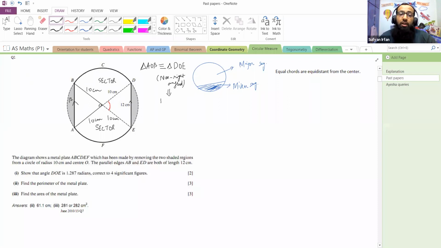Because this non-right angle triangle is an isosceles triangle. And the special property of an isosceles triangle is that if the two sides are equal, and at the point where the equal sides are meeting, you drop the perpendicular line from that point, it is going to bisect the base.